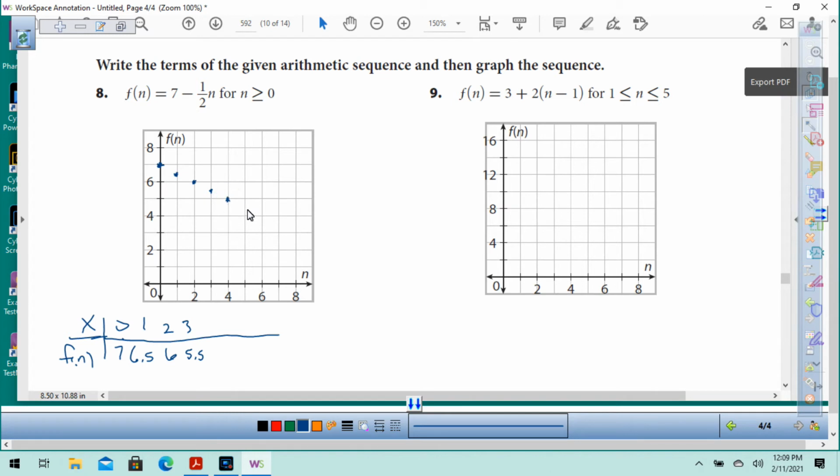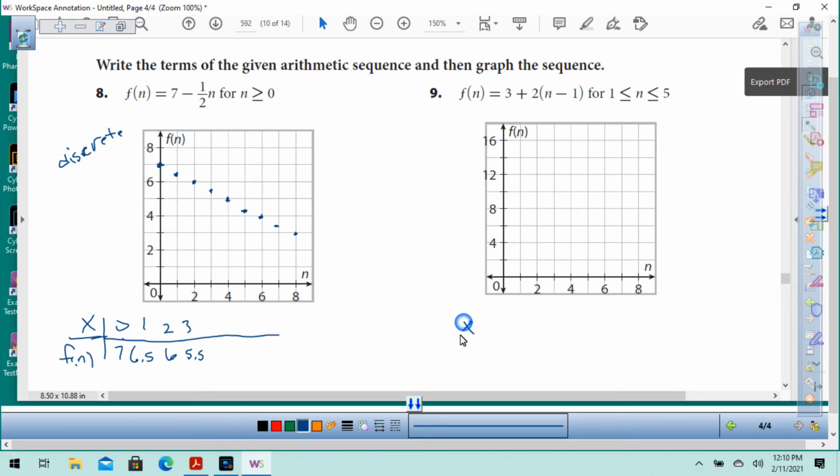And then you're going down a half each time. Okay. And there we go. And there's your graph. Now these are discrete points.